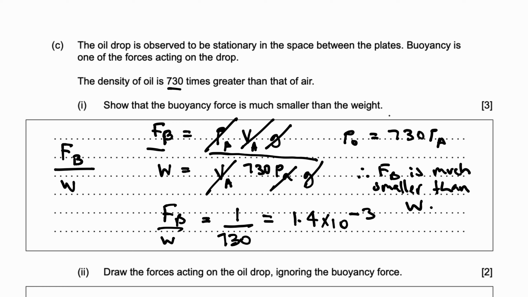And of course we have the volume of air that's being displaced, and so if I divide these two, FB by W, I can see that rho A cancels, g and g cancel, VA cancels, so I'm left with 1 over 730, and since this is smaller than 1, I know I'm able to prove this statement.